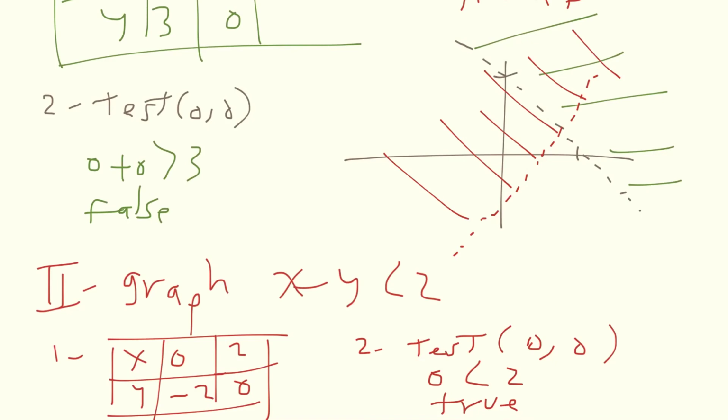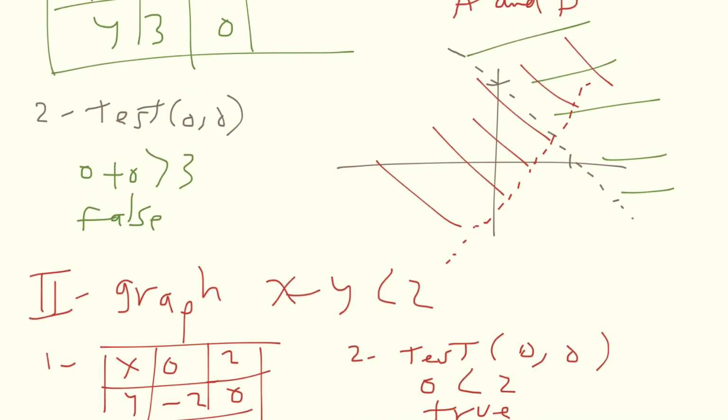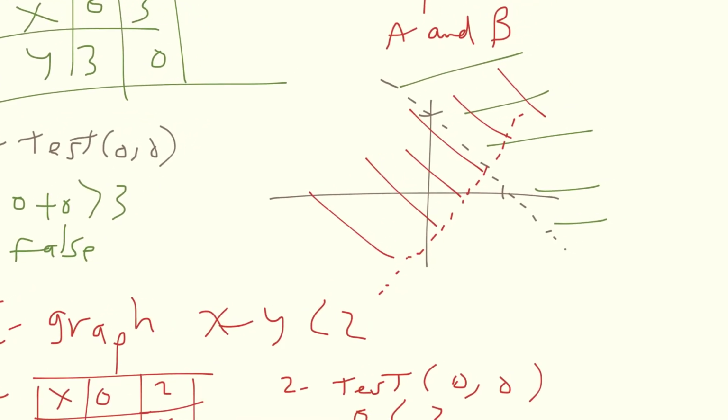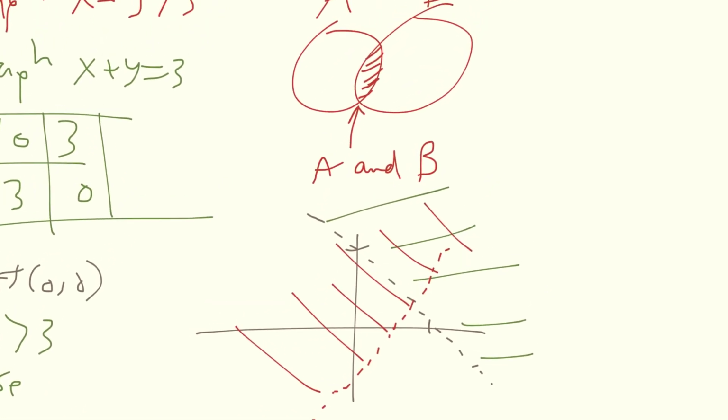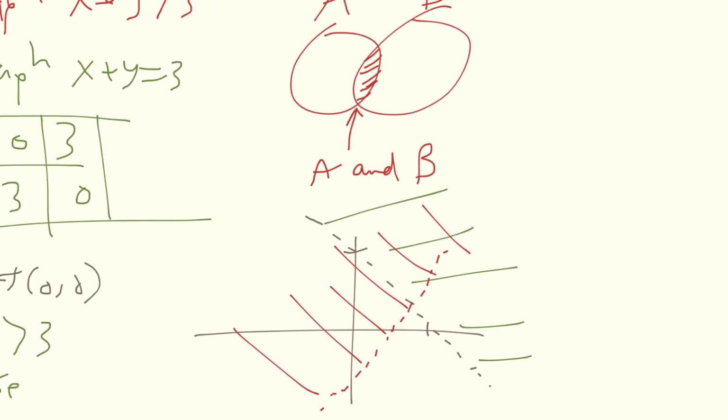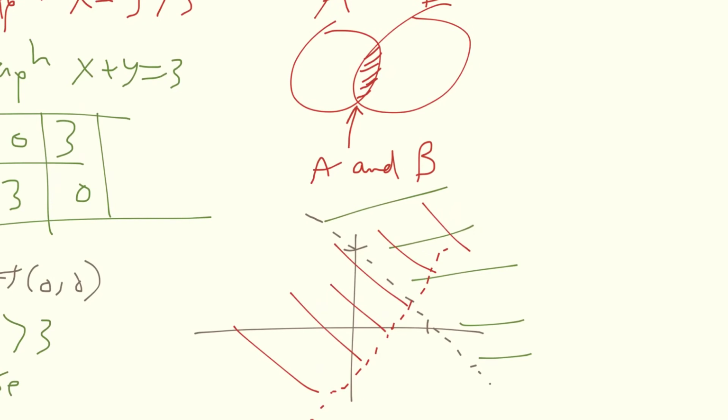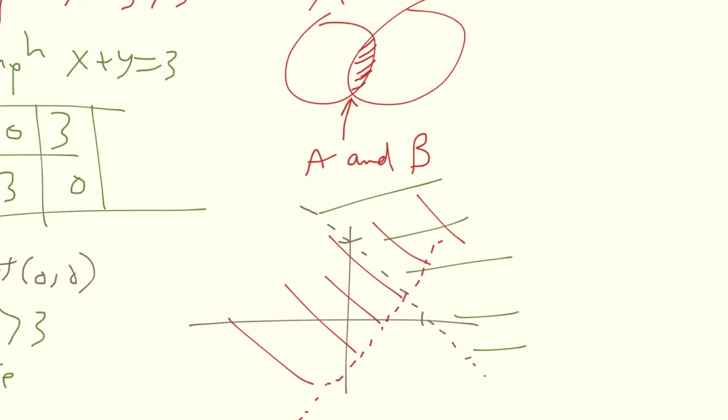And now you need to look at the final answer. This is just like what we did before in the previous example, but the only difference is A and B should be the common part. It should not be everything. So if you want to shade the answer in a thick color to make it clear, it's only this part that has the two colors. This part has the shading of the green and the red as well.